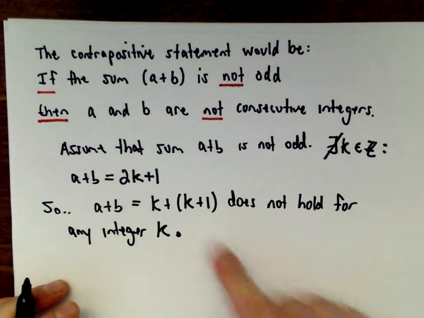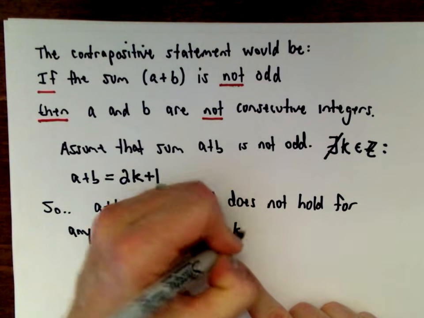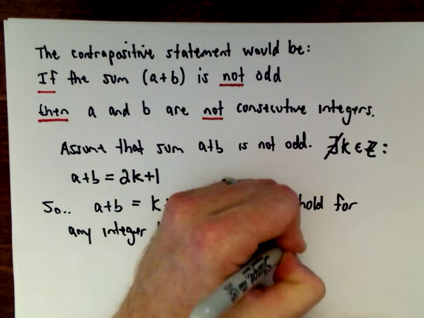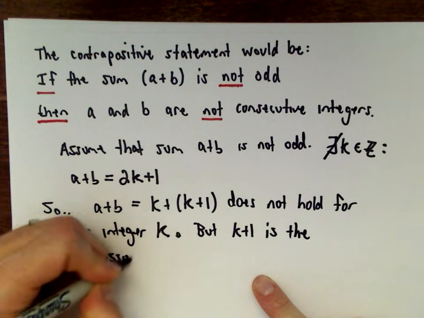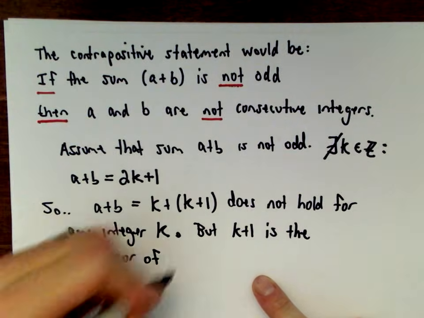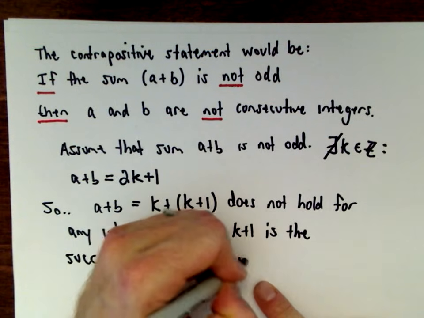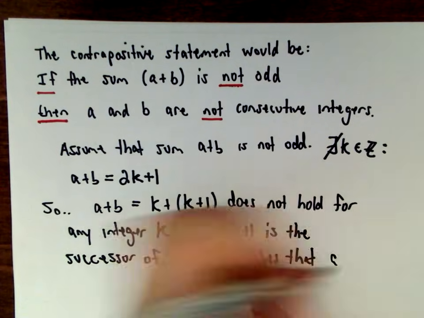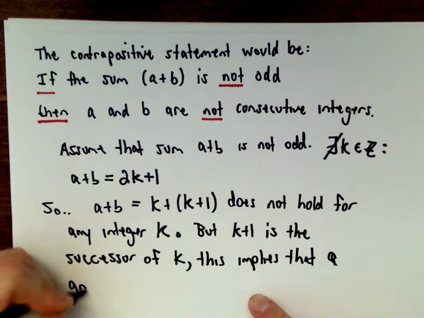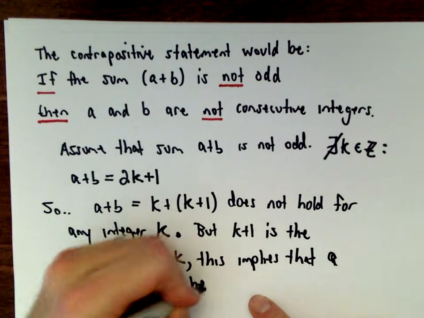But notice, since k plus 1 is the successor of k, this implies that a and b cannot be consecutive.